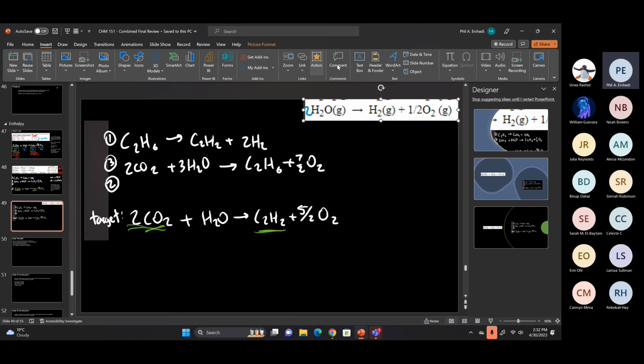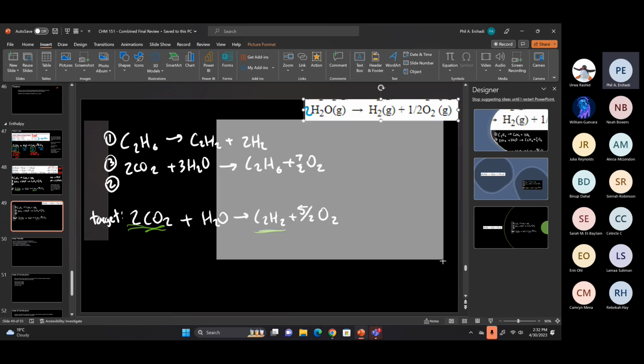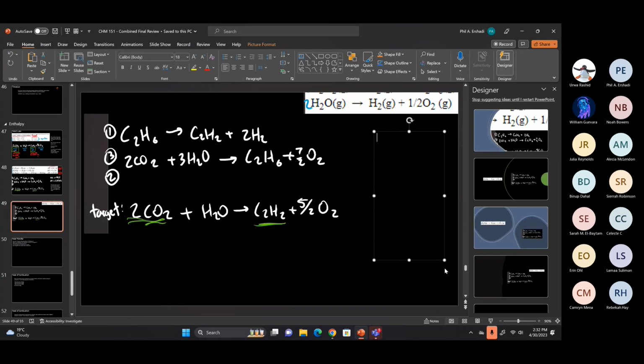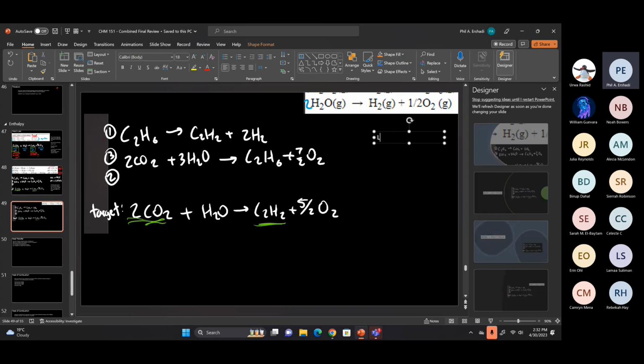And I'm going to try to think of a good way to say this to where it'll make sense. We're going to look for items in the system that don't appear in the target. Because if they're in the system but not in the target, that means they must cancel.